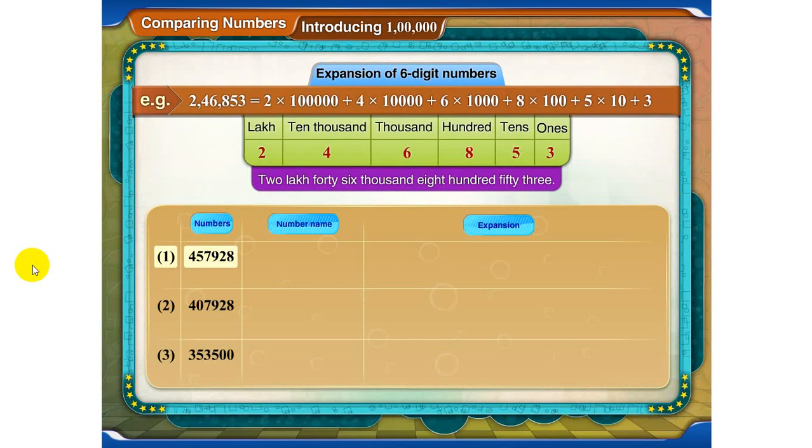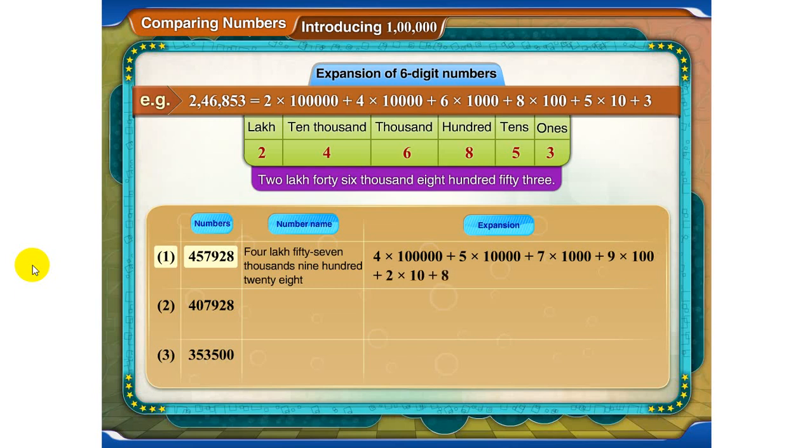1. The given number is 4,57,928. Number name is 4,57,928 and expansion is 4 into 1 lakh plus 5 into 10,000 plus 7 into 1,000 plus 9 into 100 plus 2 into 10 plus 8 into 1. 2.